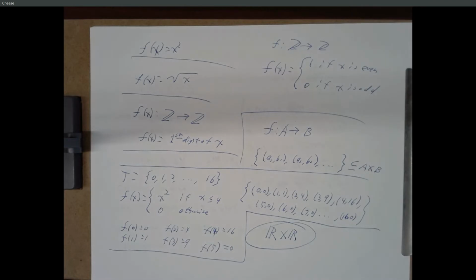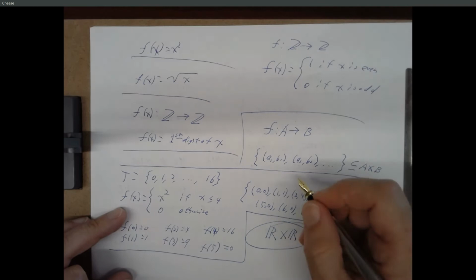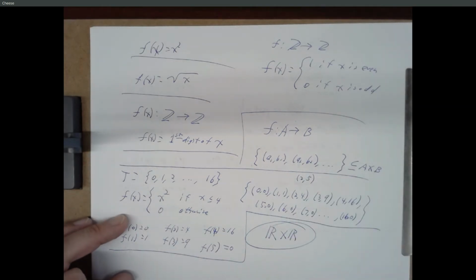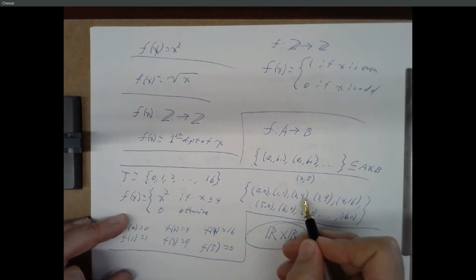If we did y equals natural log of the absolute value of x, that would be a different subset of R cross R. And some subsets aren't actually functions, right? We could have a subset that, for example, includes (2,5) in here, which says that with 2 we're associating both 4 and 5.